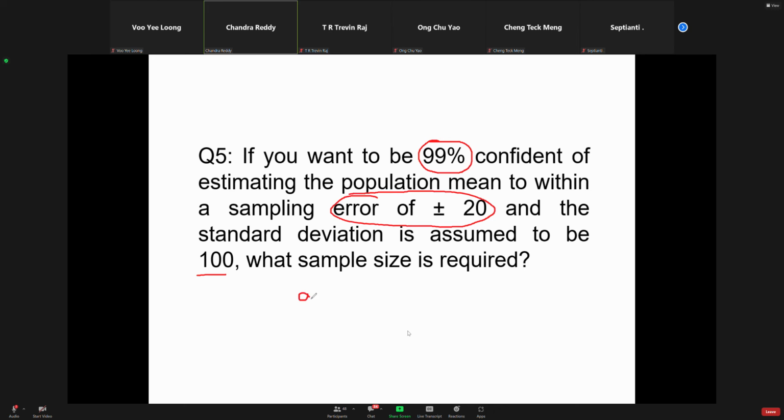So sigma is given as 100, and you are looking at a 99% confidence interval.